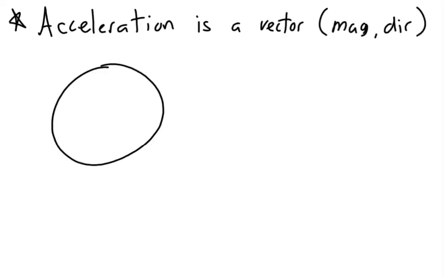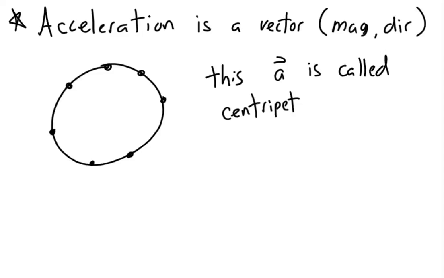So the acceleration itself is also a vector, which means that it has a magnitude and a direction. So here we'll draw another circle, just different points along the circular path. And something that we observed before is that these acceleration vectors are always pointing towards the center.